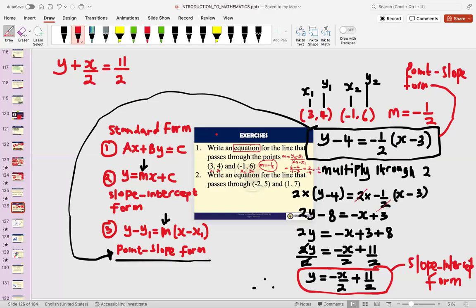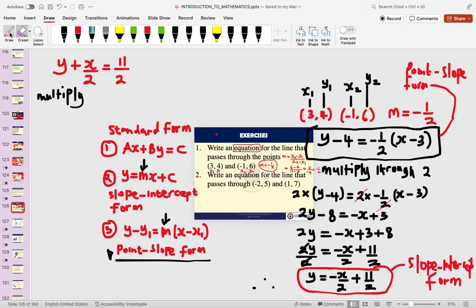Now, if you look at this one also, there is no division sign here. So it means that we have to get rid of these two. In getting rid of these two, again, like we did here, multiply through by 2.